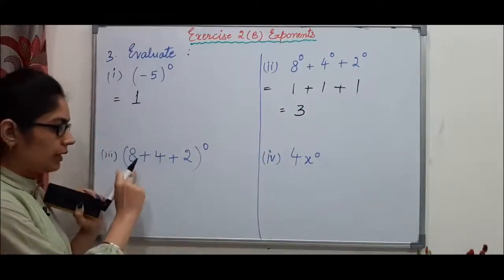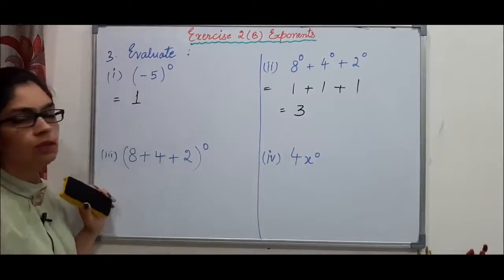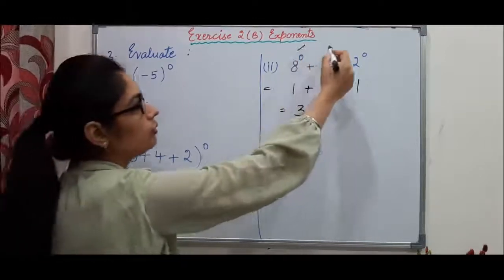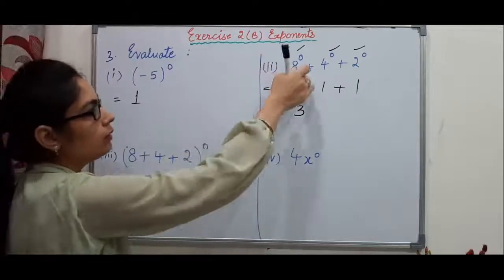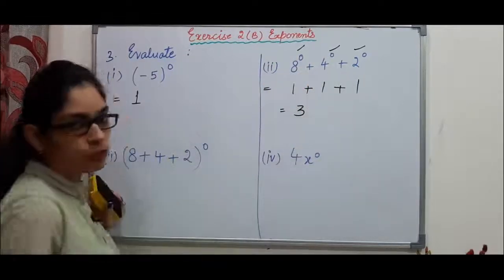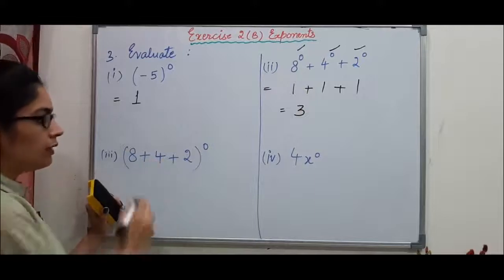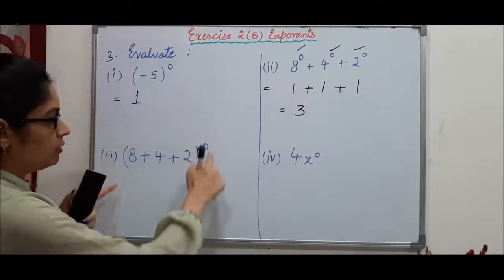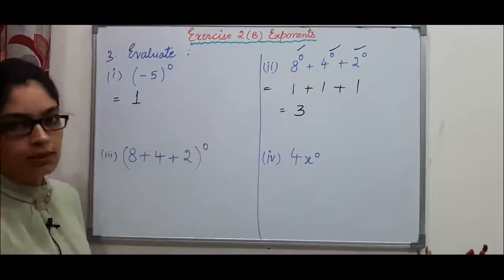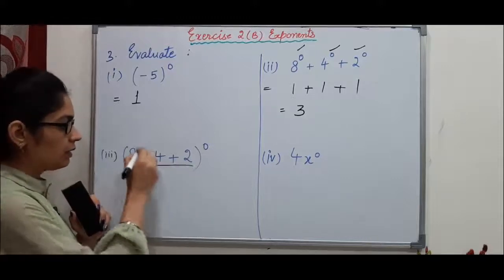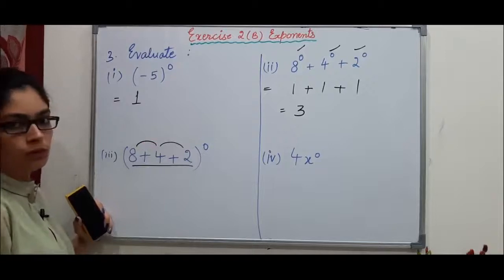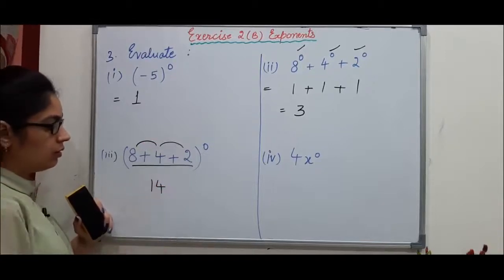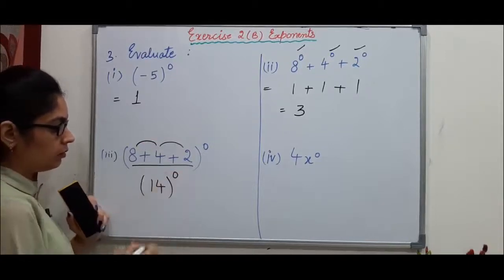Now it's 8 plus 4 plus 2 whole power 0. See, in the previous one individual powers were given, so I directly wrote 1, the value of 2 to the power 0 also 1. But here we cannot do that, because the whole power is 0, that means we have to add first. 8 plus 4 is 12, 12 plus 2 is 14, whole power 0.